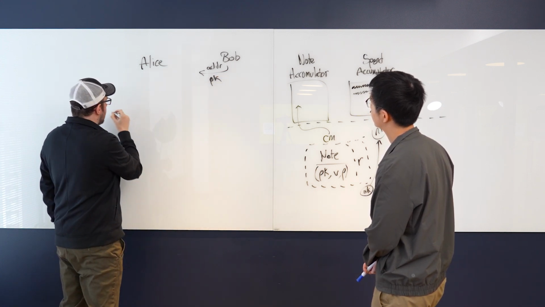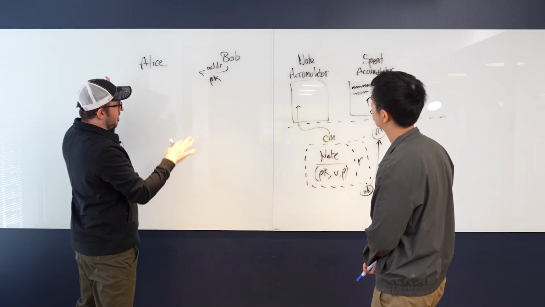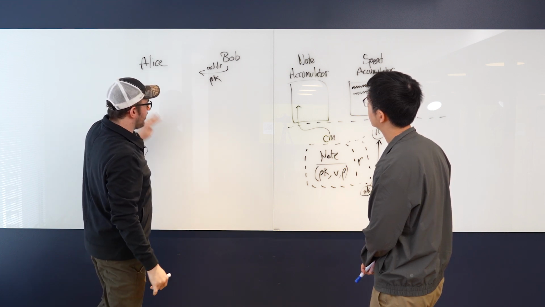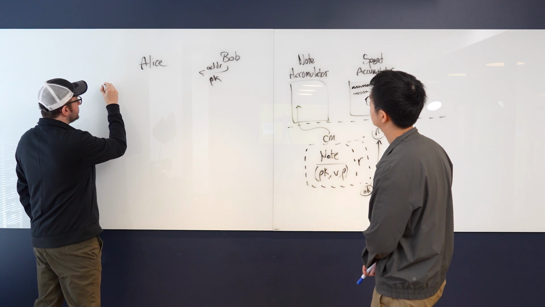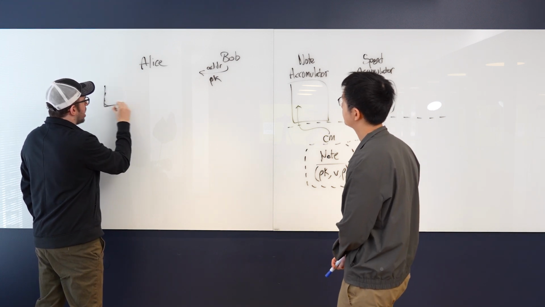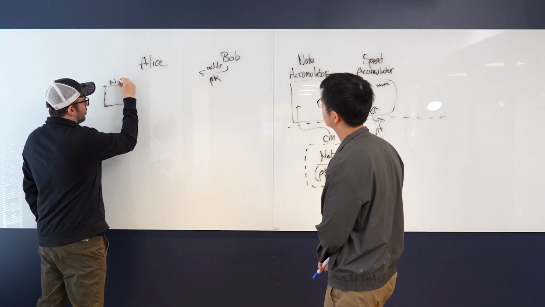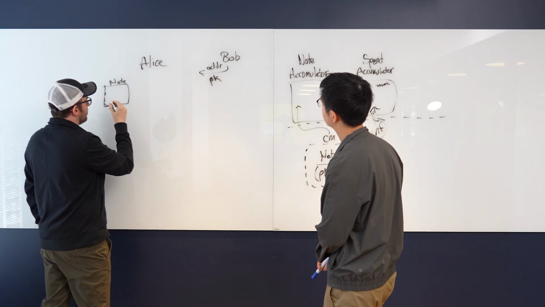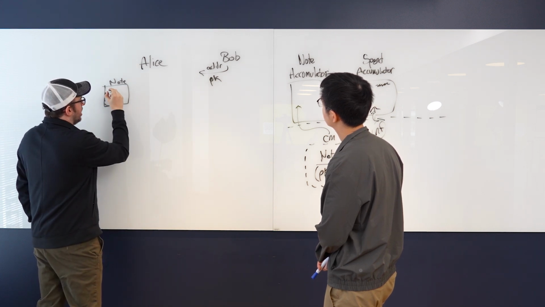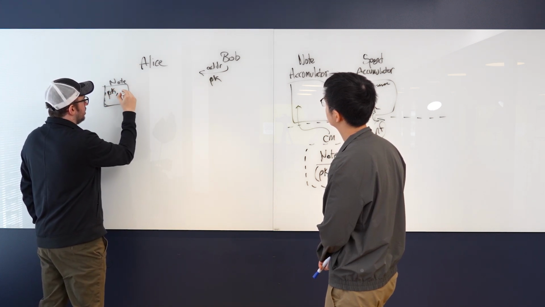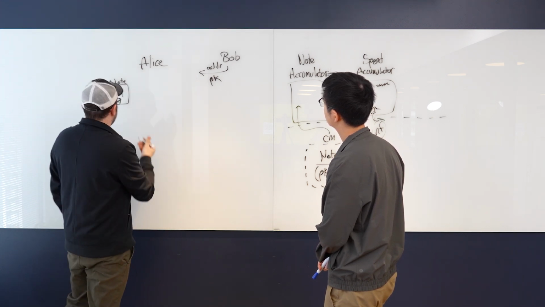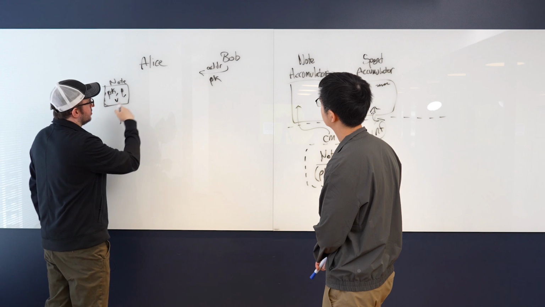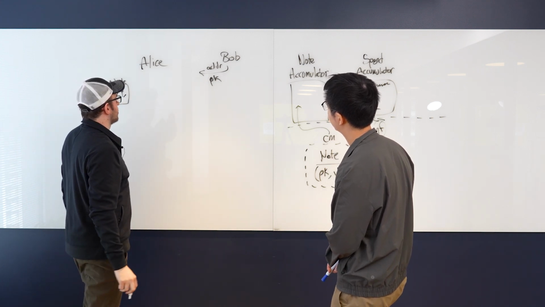Alice takes that PK and creates this node object that I was talking about for the funds that they want to give to Bob, and the node obviously contains this PK value, this rho value, and obviously the value that they want to send. So Alice wants to send Bob 5 ZEC or something like that.